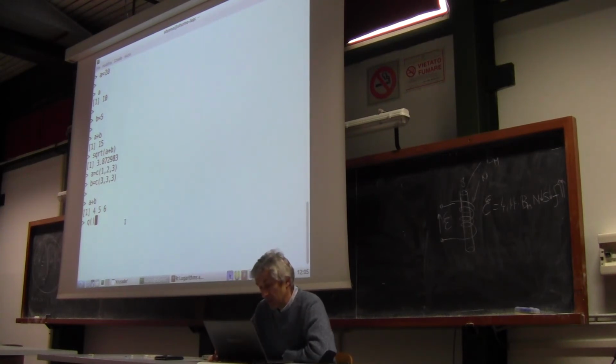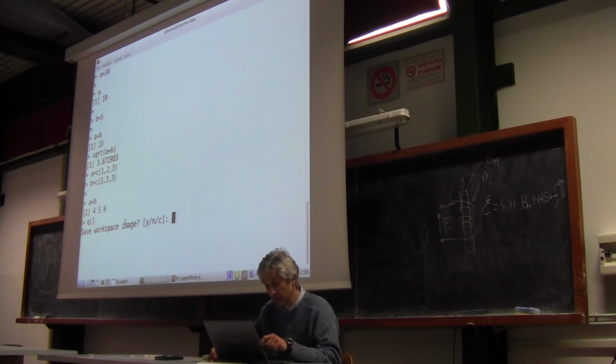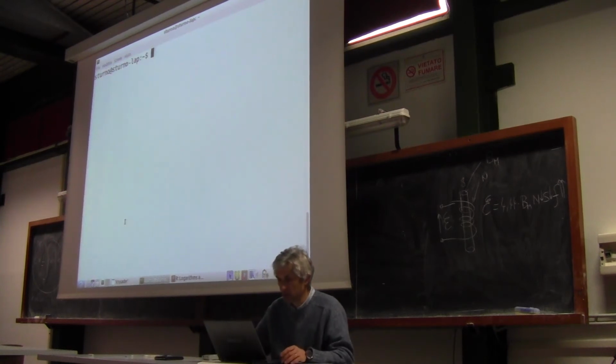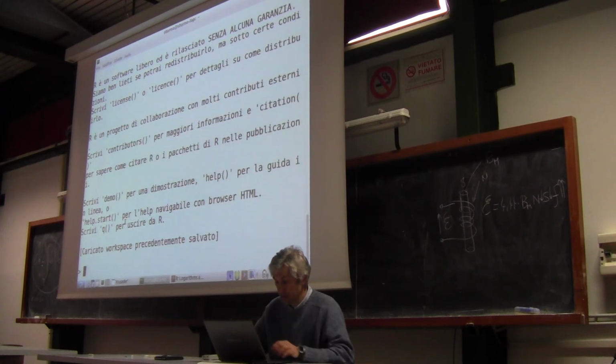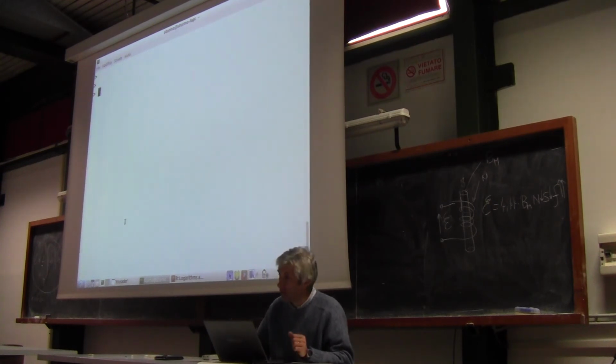Now, if you press enter on q with two parentheses, because it's a function, the question is printed on the screen: save workspace image? If I press yes, I get back to my console. If I restart R and I go with the arrow up, there is my previous history. So this is a way of saving when you exit.